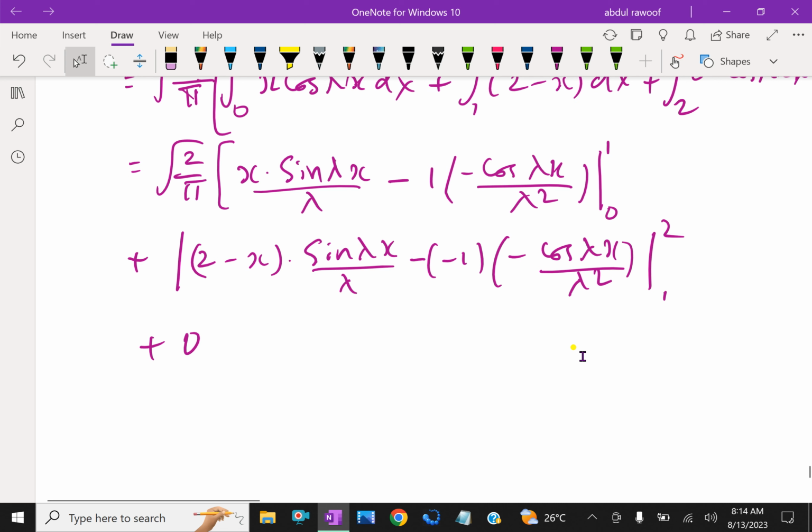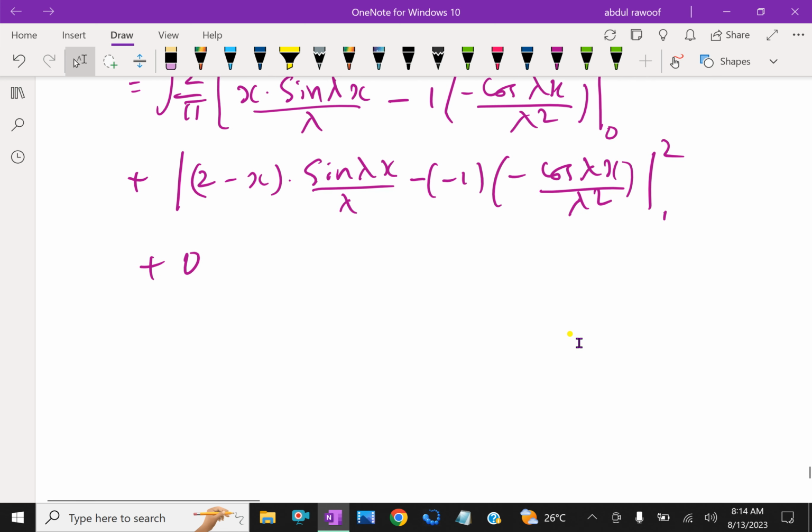Now, simplifying and collecting, square root of 2 over pi is common. We are multiplying and applying the limits.